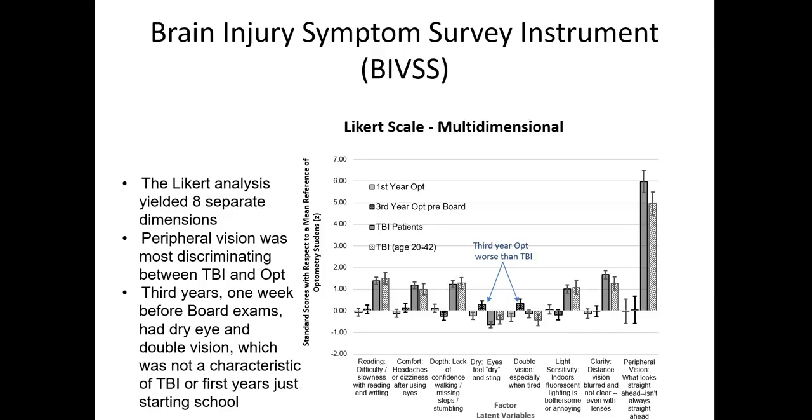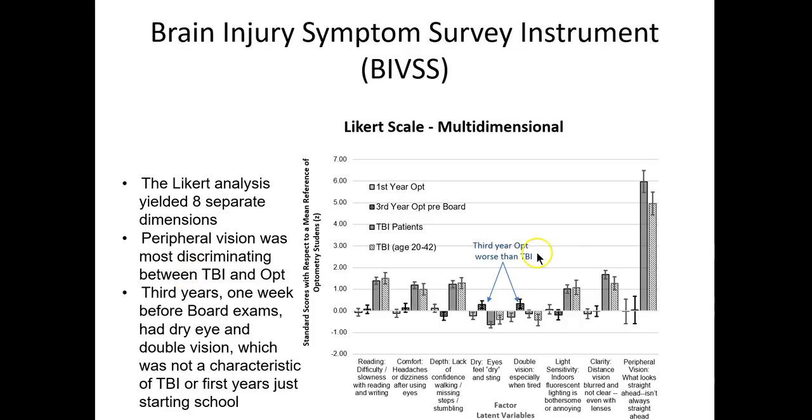Now, in the paper that I gave you to review, we did it two ways. We did a Likert analysis, using a factor analysis, which we won't go into too much, other than it suggests different latent variables. It yielded 8 separate unidimensional scales.